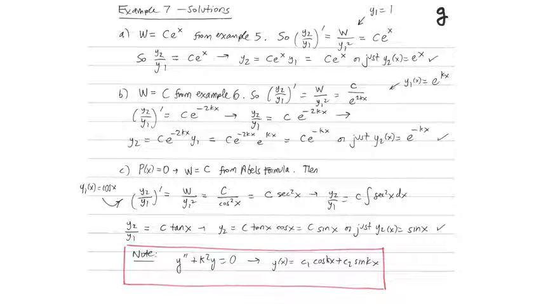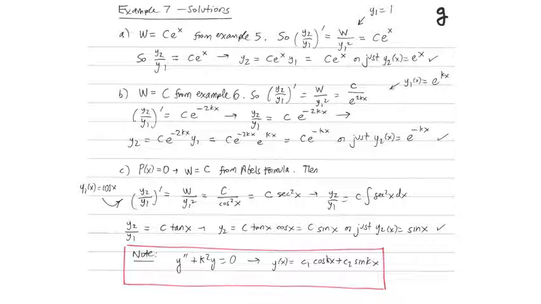So in example 7a, we had the Wronskian, which we found previously from Abel's formula, and then from that identity which we discussed in the previous video, we have (y2 over y1) prime is the Wronskian over y1 squared. We're assuming y1 equals 1 as our known solution.